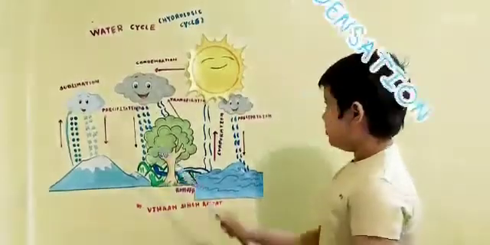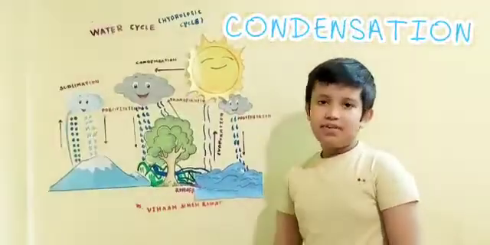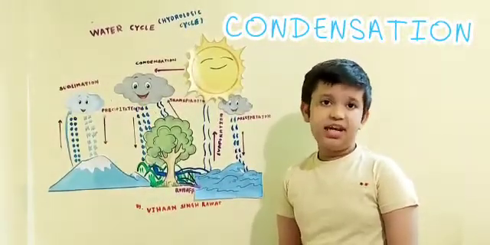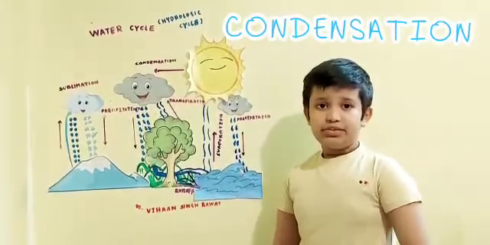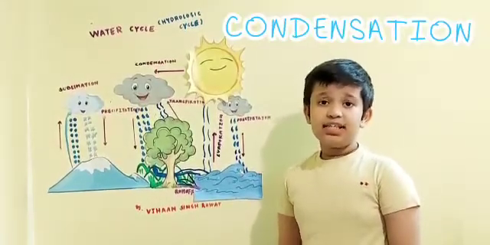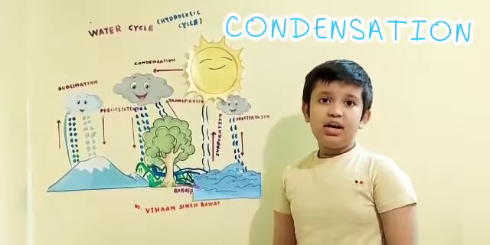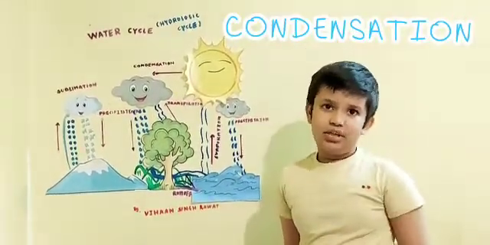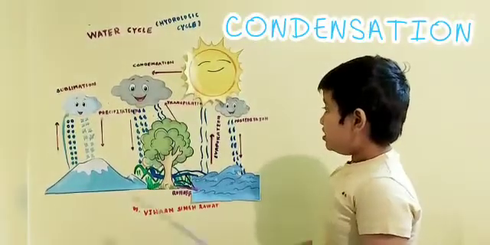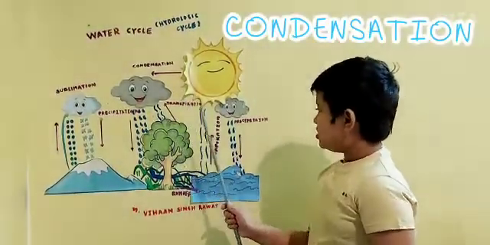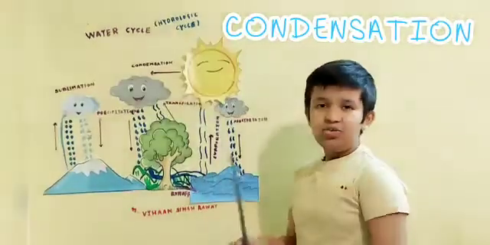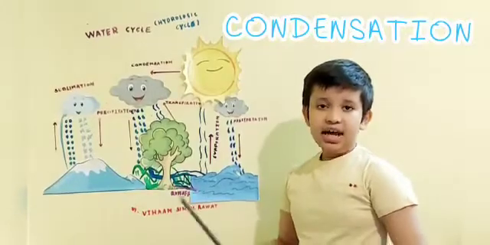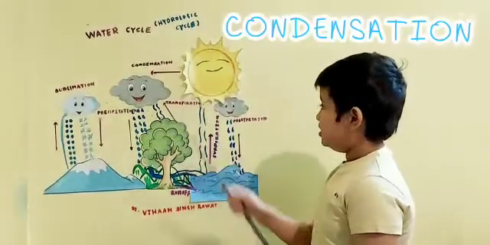So now let's see what is condensation. We know that water vapors are generated by evaporation, transpiration, and sublimation. When that water vapor rises up to a high altitude, as it is very cold up in the atmosphere, then that water vapor along with some dust particles combines to make water droplets, and this process is called condensation.